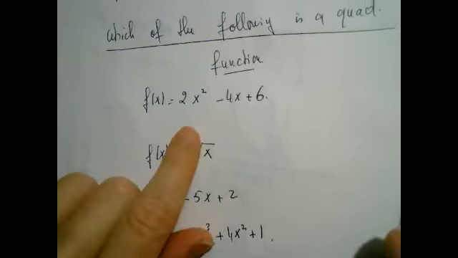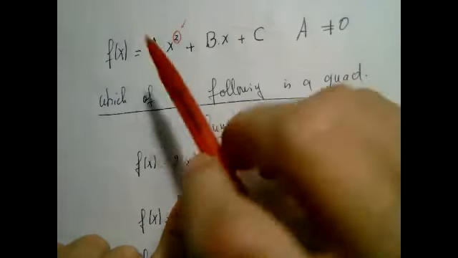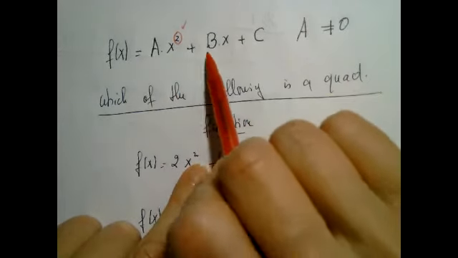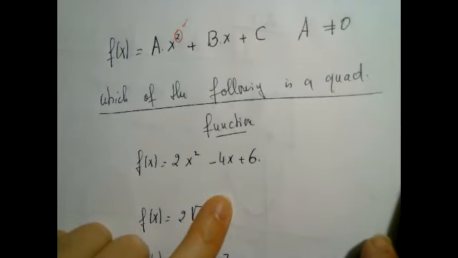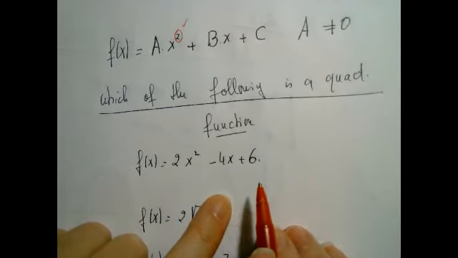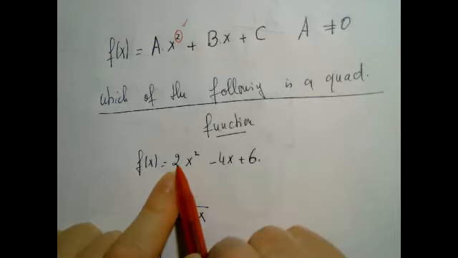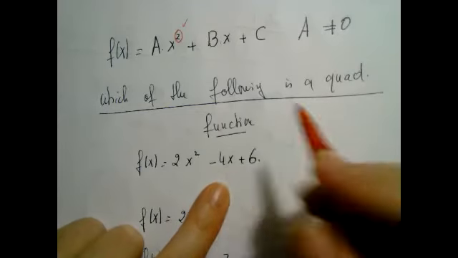Okay, the first one. Is this a quadratic function? It means, does it have the form a constant times x squared plus a constant times x plus c? Yes or no? It has a constant times x squared, a constant times x, plus a constant c. So that's quadratic.